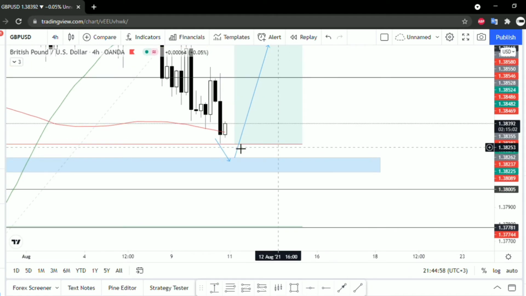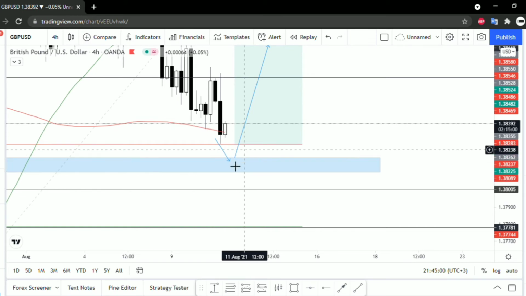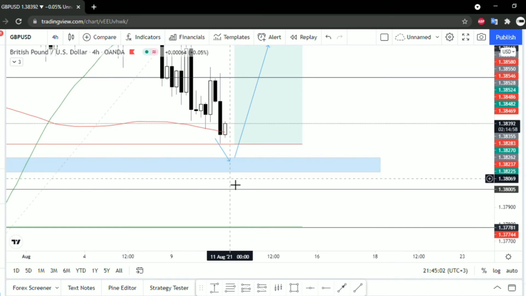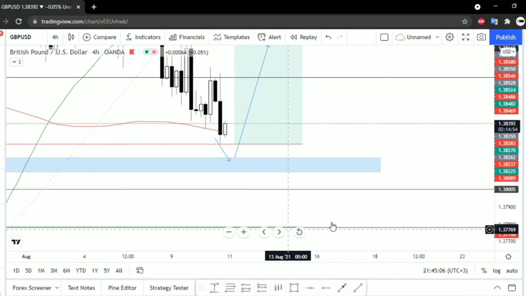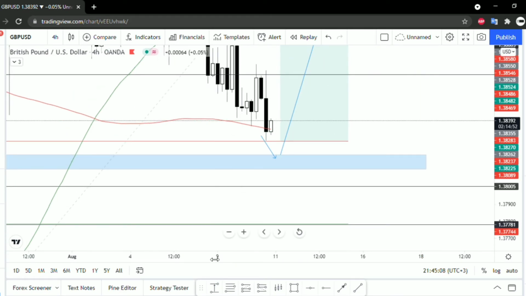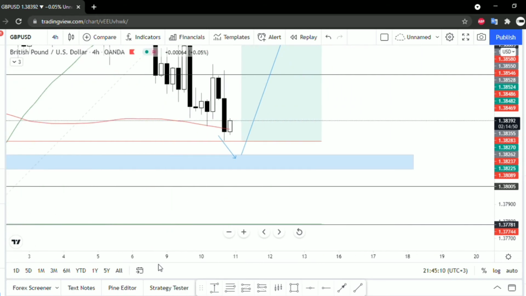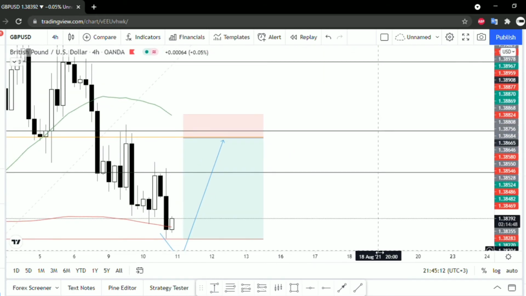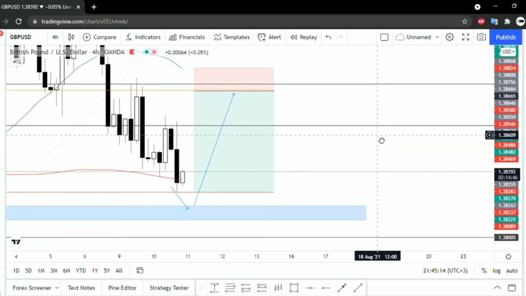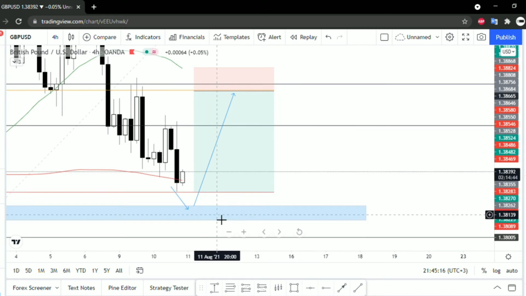If it breaks and closes below this area of interest, then we could be looking for even lower sells towards this area 0.50. But if it doesn't, and I suspect it will not, we are looking for a strong, major reaction around this particular area.